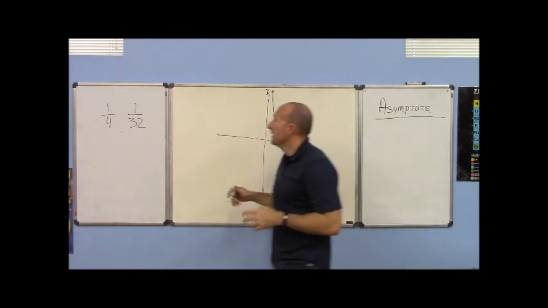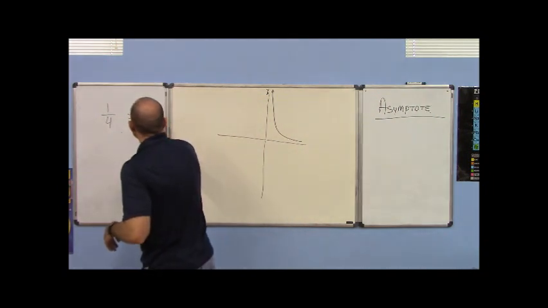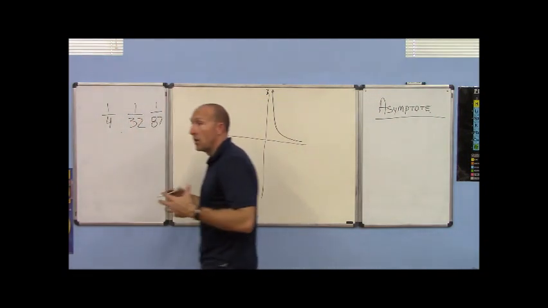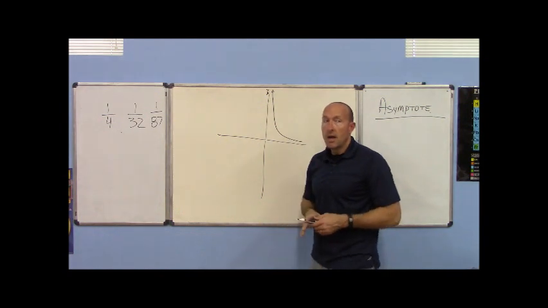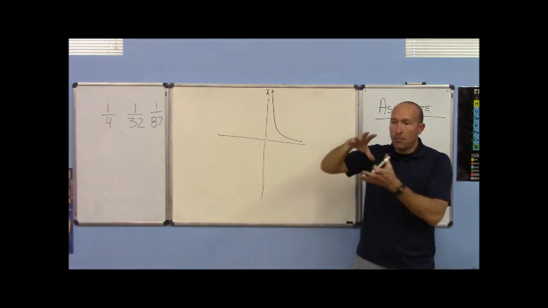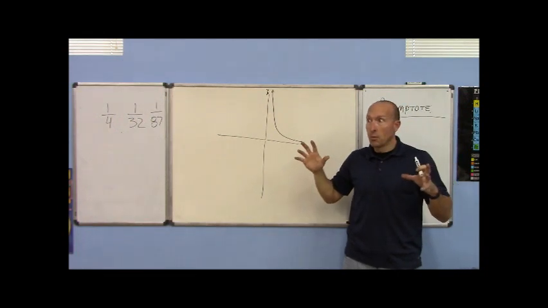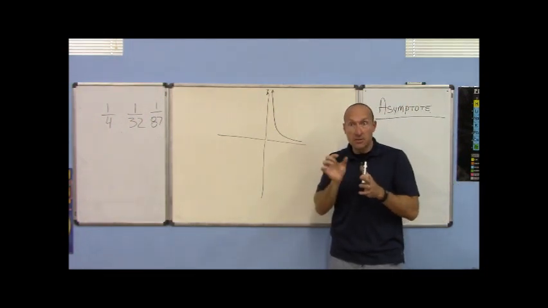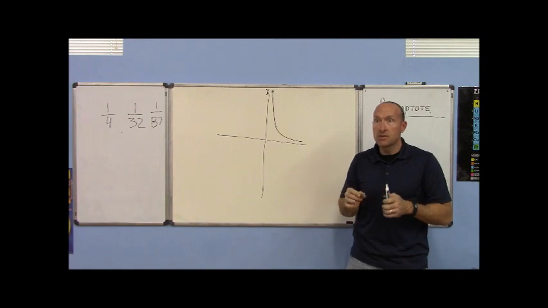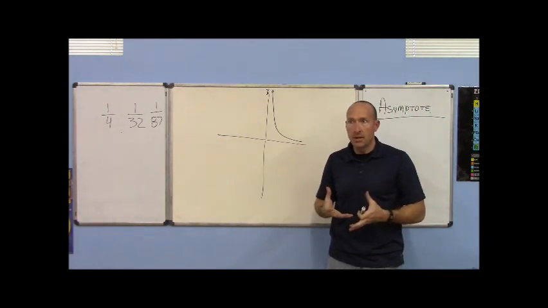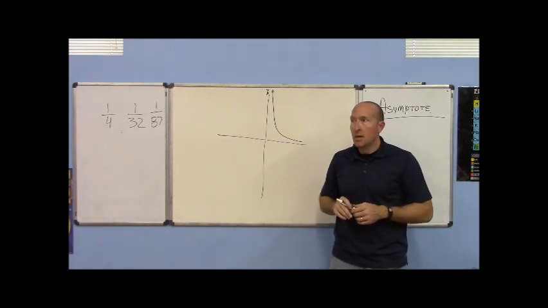And 1/87 is actually going to be smaller than that. As the bottom number gets larger and larger, your piece is getting smaller and smaller. It's approaching 0, okay? Approaching 0.